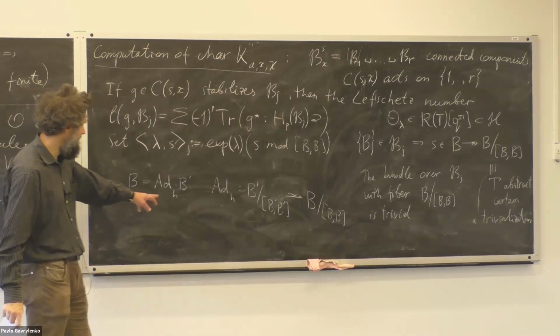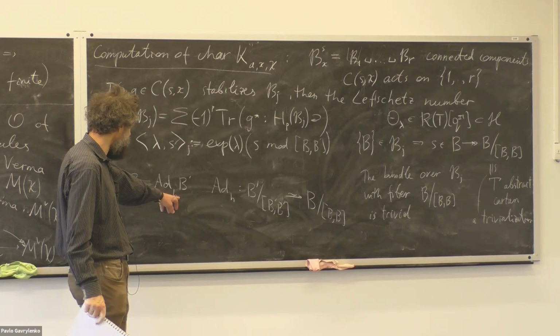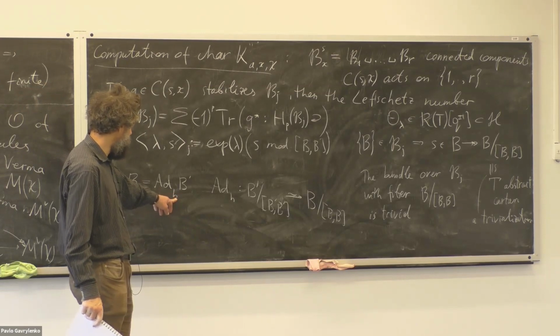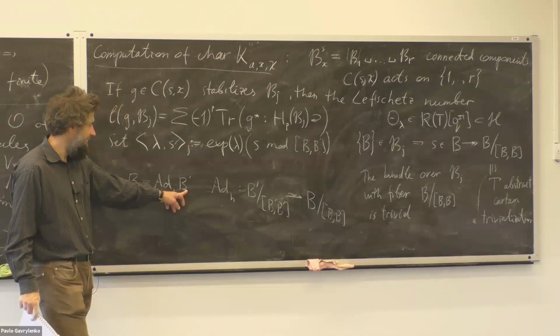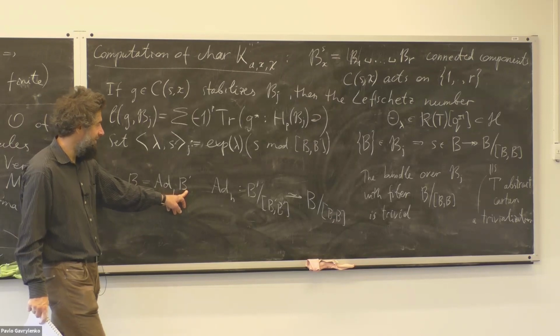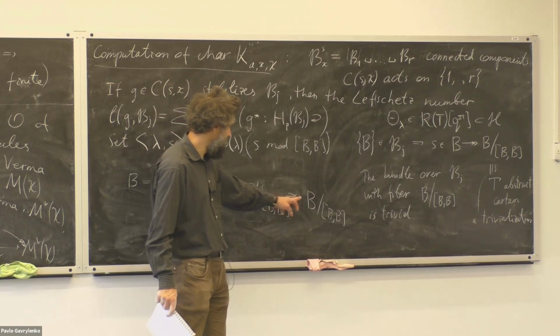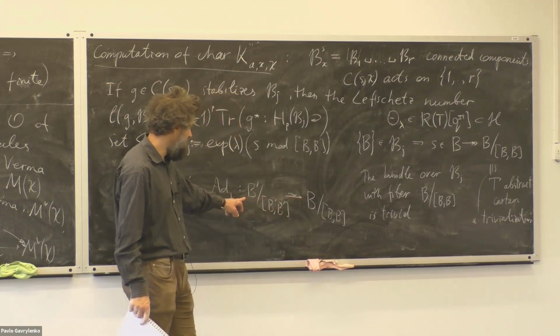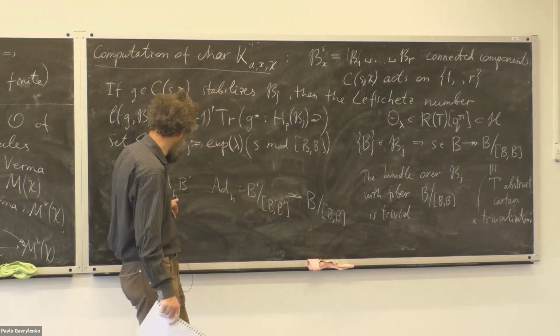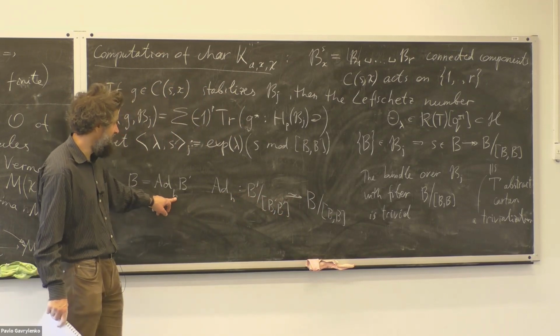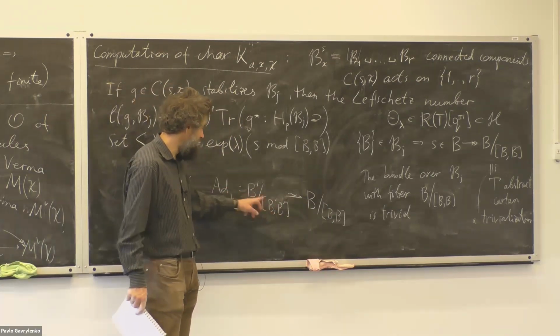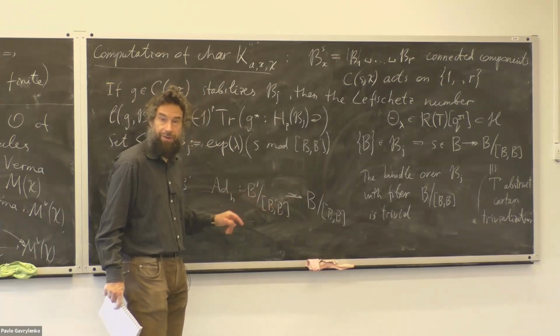I mean, if I change H, then the difference must be in B prime, and then this isomorphism will change by the adjoint action of the difference on this commutant, but the adjoint action on the commutant is trivial. Okay.